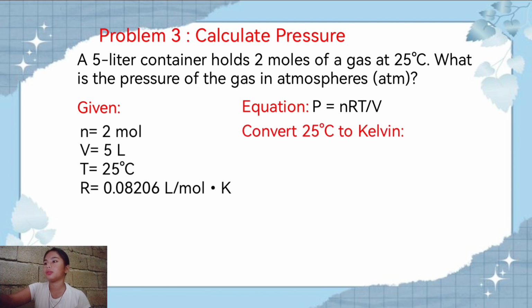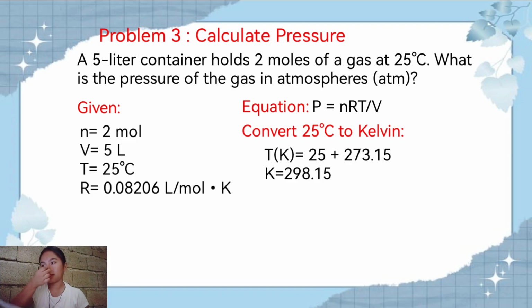So, first, the equation that we'll be using is P equals nRT over V. But akong giingon ganina nga ang 25 degrees Celsius kay i-convert na nato into Kelvin.